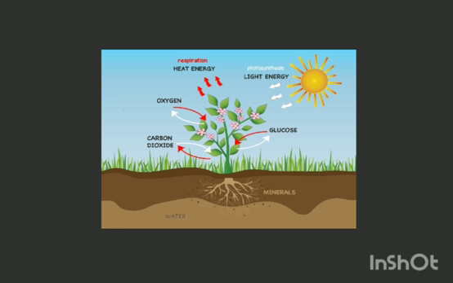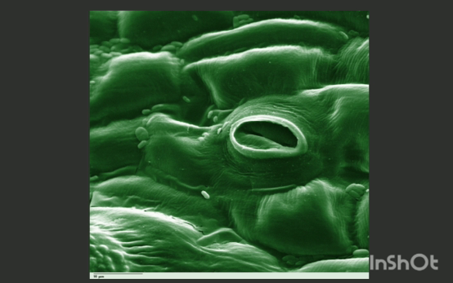As a result of photosynthesis, plants release oxygen into the environment. All the parts of the plants can independently respire. That is, they can take in carbon dioxide and release oxygen on their own.